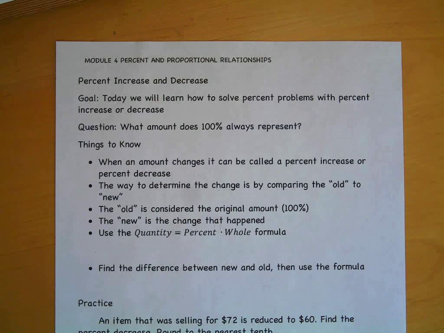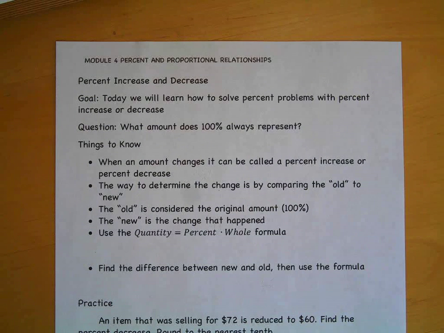So the new information for percent increase and percent decrease is that you have to establish what your original whole was, how it changed, whether it subtracted or added, and then you're figuring out the new percent of the change. Find the difference between the new and the old, and then use the formula.